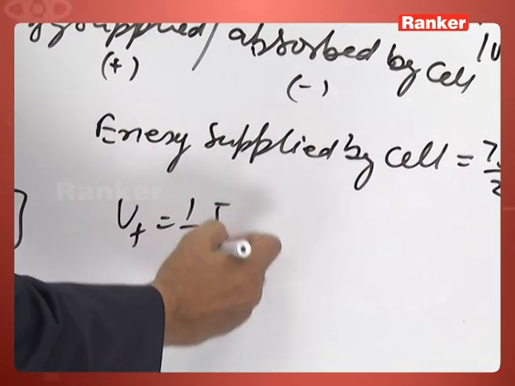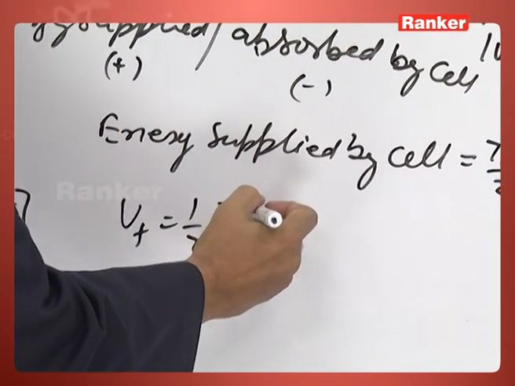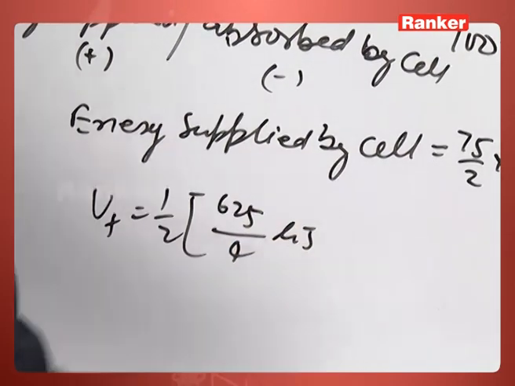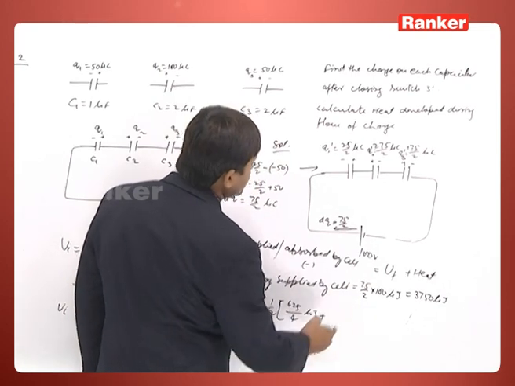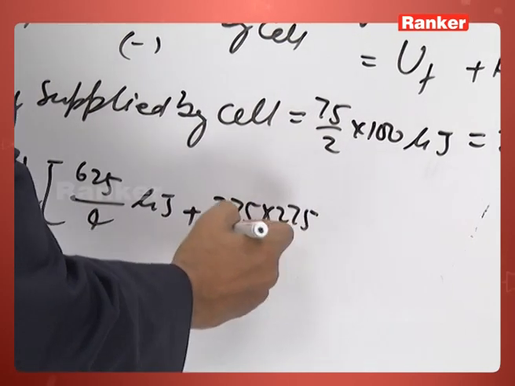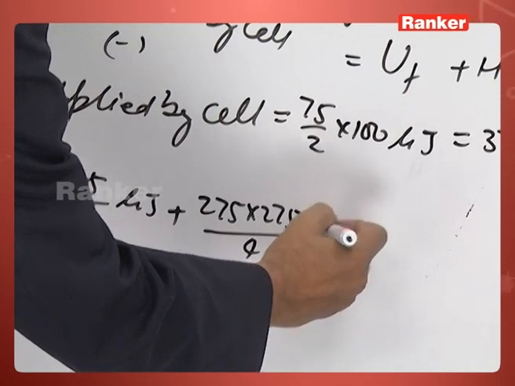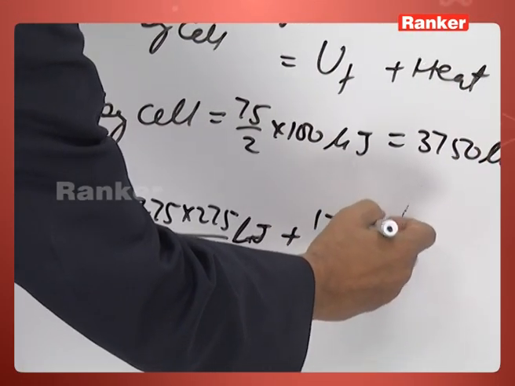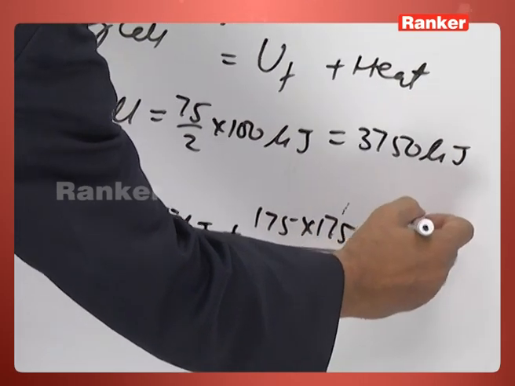Now final energy stored, UF, is half Q1 square by C1. The Q1 square means here microjoule, plus Q2 square by C2, 275 into 275 by 4 microjoule, plus Q3 square here, 175 into 175 by 4 microjoule.